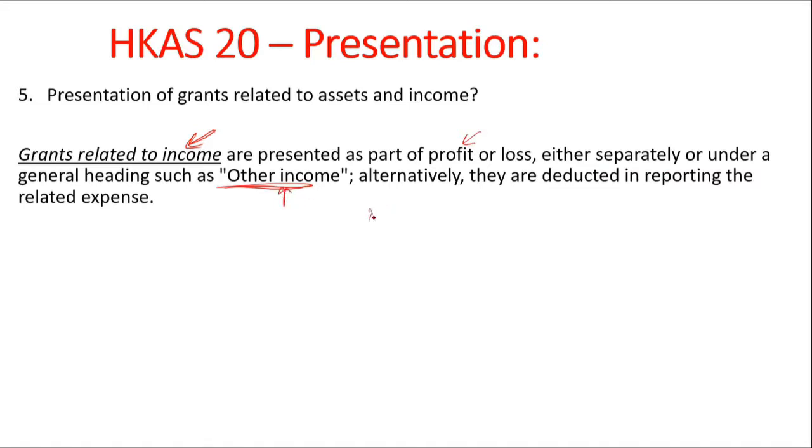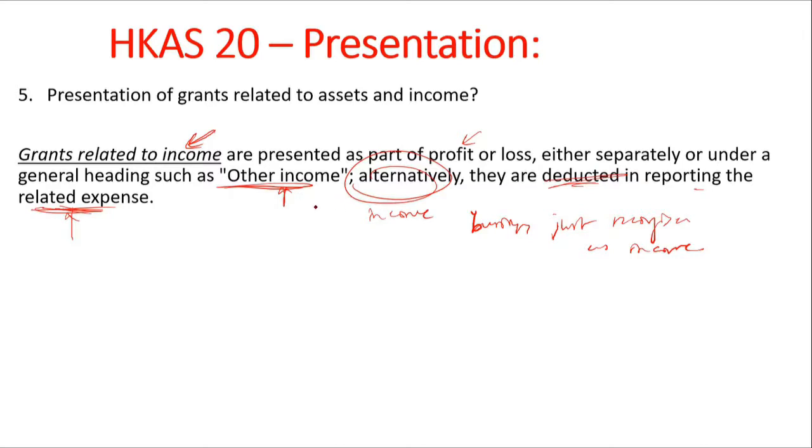Because it's an income, the business just recognizes it as income, or alternatively they are deducted in reporting related to expense. So the business can of course go for this approach as well. Really depends. There could be tax implications if you are going for tax planning. You might look at which approach might be more feasible.